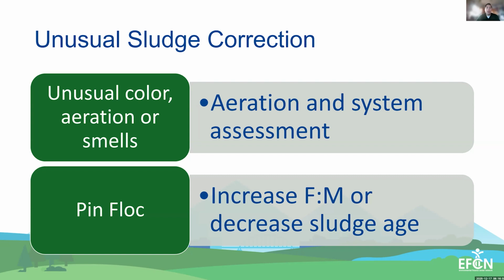Those are common sources of extra organic strength in your wastewater that some people use to subsidize. Or you can also address old sludge age by wasting more to decrease the microorganism concentration and decrease the sludge age.